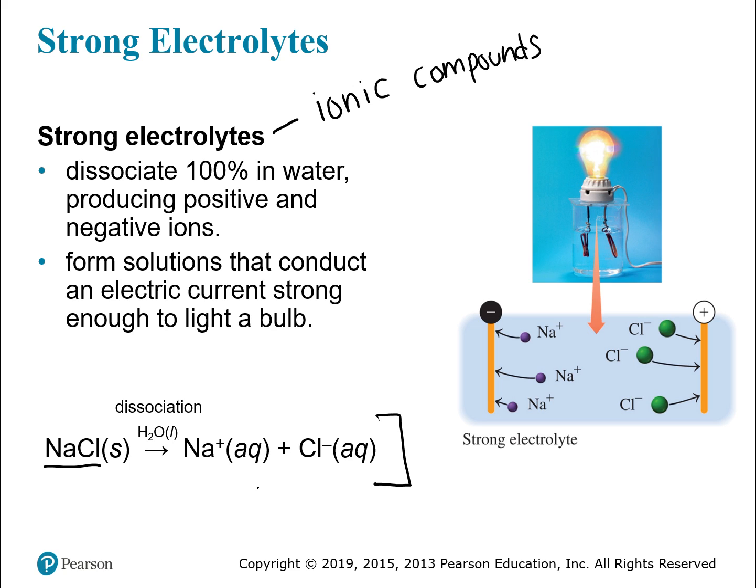Once you add that water, you form sodium ions, which are aqueous, and remember that just means dissolved in water. And you form chloride ions, which are also aqueous. So know this kind of form factor for how a strong electrolyte dissociates. You're going to make ions.